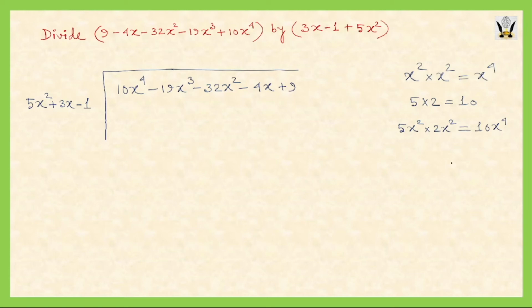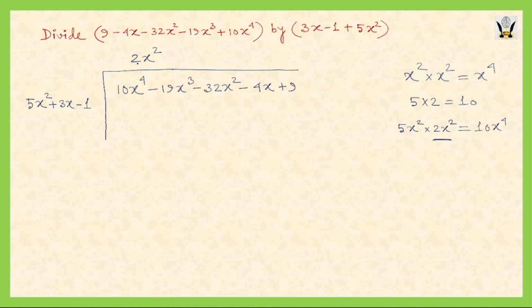Now if we multiply by this 2x square, we have to multiply it with the other terms of the divisor as well. So the first term of the quotient of this division will be 2x square.